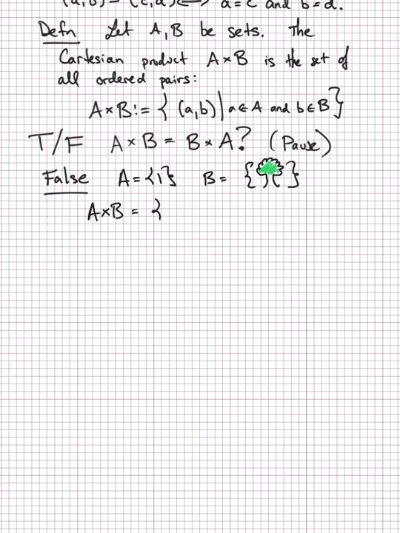Well, it's the set containing a single element. It's (1, tree). And on the other hand, B cross A is equal to the set containing (tree, 1). And we've said that those are not equal, okay? Because trees aren't equal to 1.